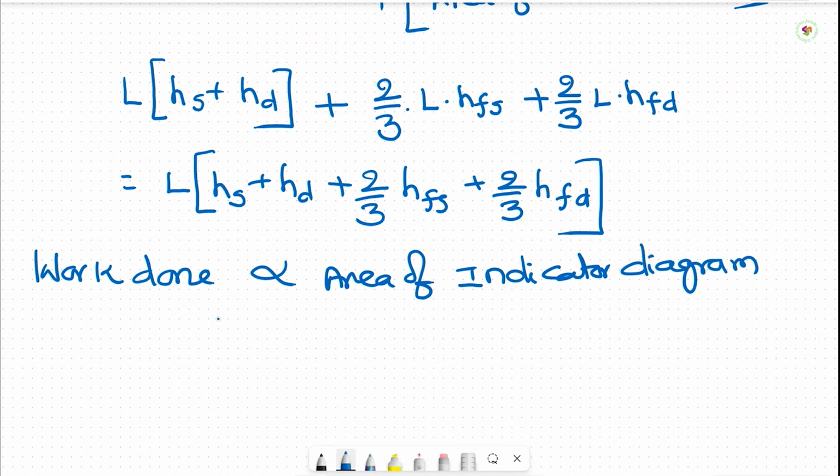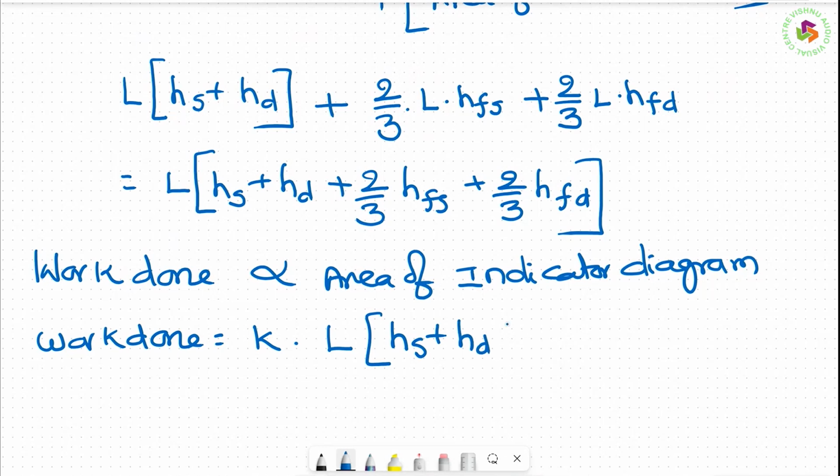So therefore, work done is equal to K into the area of the indicator diagram, which is L into HS plus HD plus 2/3 HFS plus 2/3 HFD.